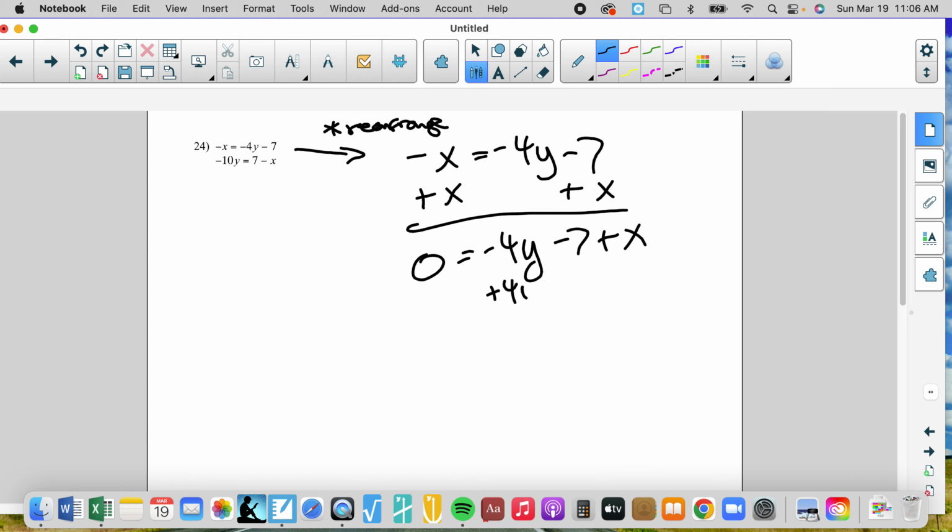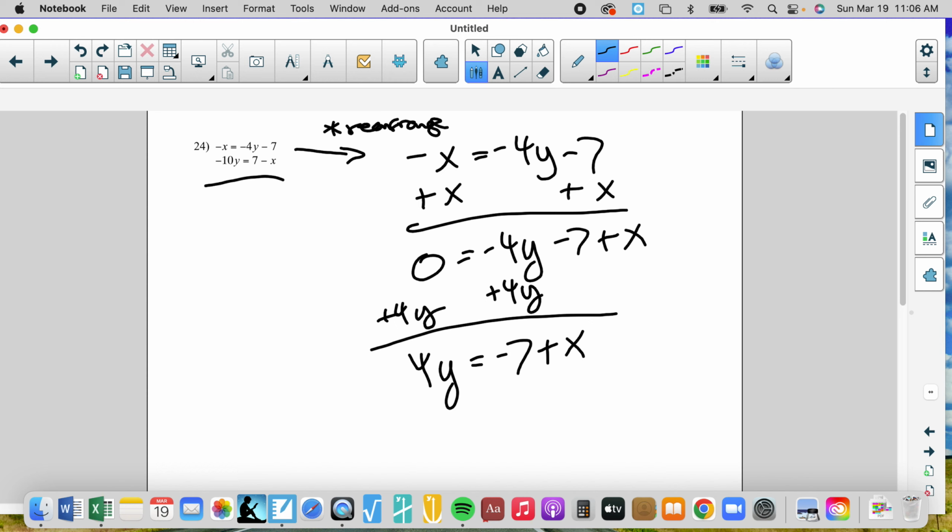I'm going to add the 4y to both sides. So I have 4y equals negative 7 plus x. And that is in the same order as that bottom equation. Y, constant, and my x value. So I'm going to rewrite that one underneath it, negative 10y equals 7 minus x.